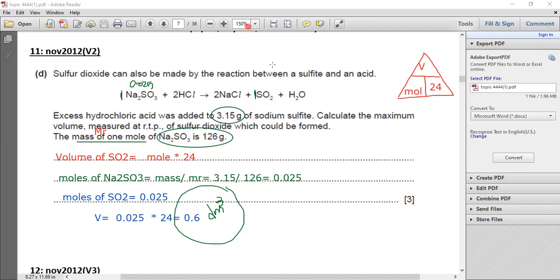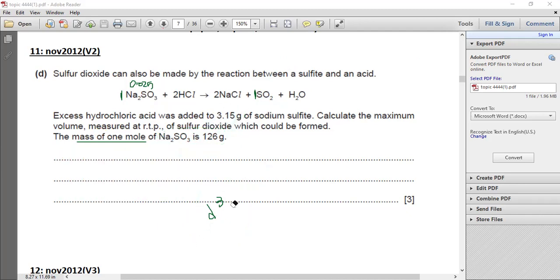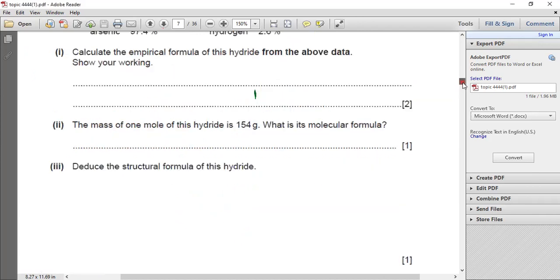Thank you. The problem was I cannot find the number of moles of SO2 but I will use Na2SO3 as a guide because I have its mass and its MR. By using the mole ratio, I can find moles of SO2. So maybe use a guide in the questions.